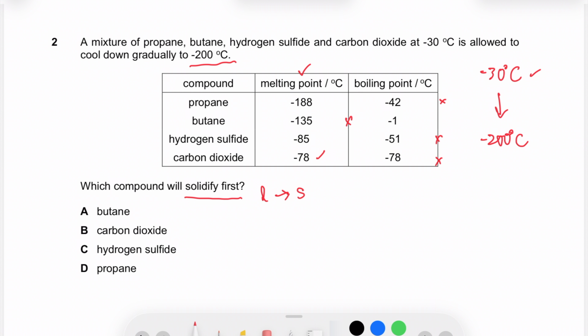Okay, solidify, so you want to reach a solid state in the end. So CO2 will be the best candidate, because it has minus 78, which is nearest to minus 30 degrees Celsius. So the answer should be CO2, so the answer will be B.